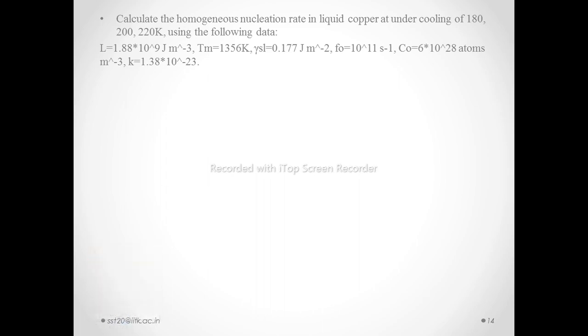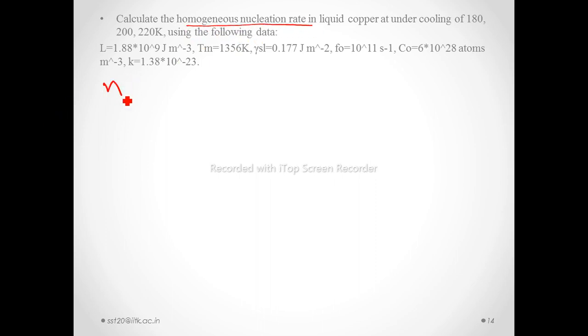This is related to the homogenization question. Calculate the homogeneous nucleation rate in liquid copper at an undercooling of 180, 200, 220 Kelvin using the following data. They have given some data and we need to calculate the homogeneous nucleation rate.